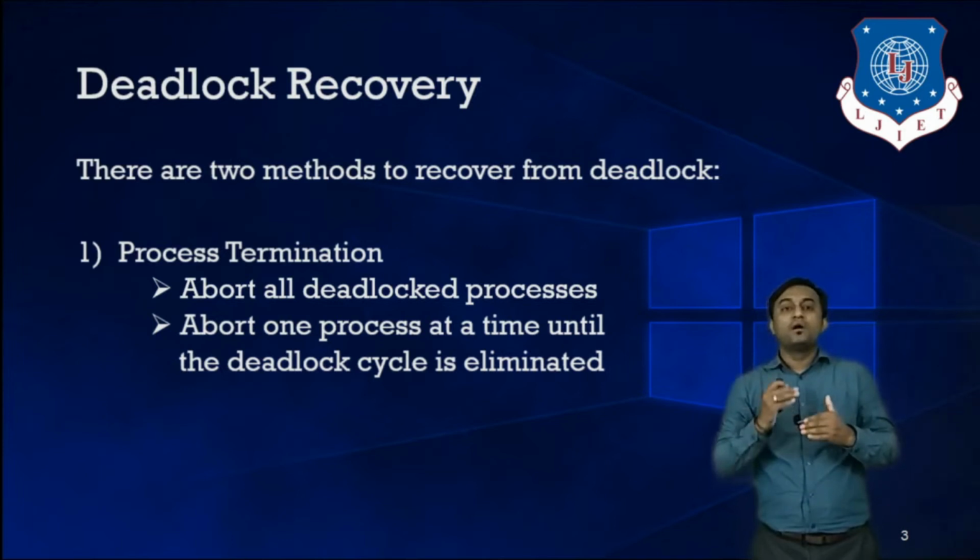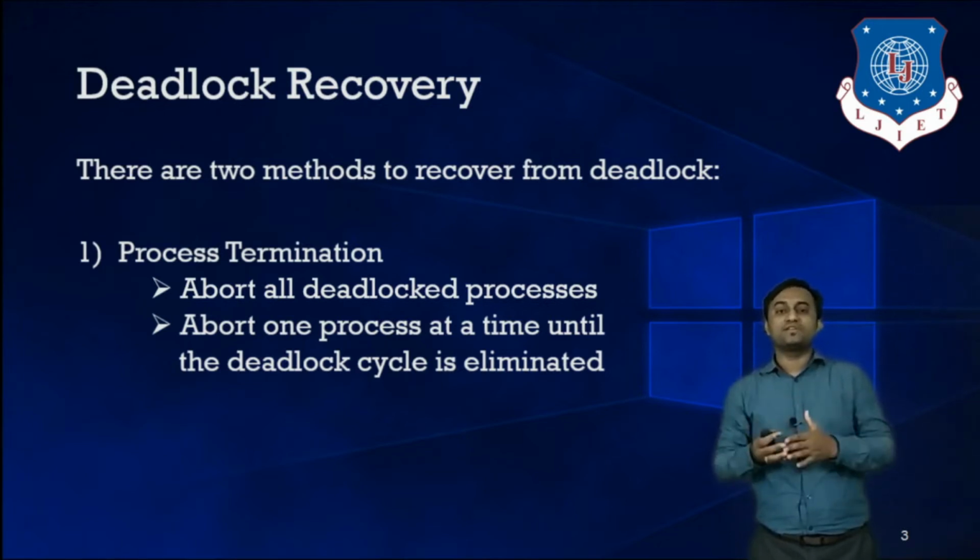But if deadlock persists, you need to abort one more process from the deadlock situation, and again call the deadlock detection algorithm, and check at the end of its execution whether you are in a safe state or an unsafe state. According to that, you can decide whether you have to abort one more process or you have successfully recovered from the deadlock situation. In this way, you can recover from the deadlock situation as well.